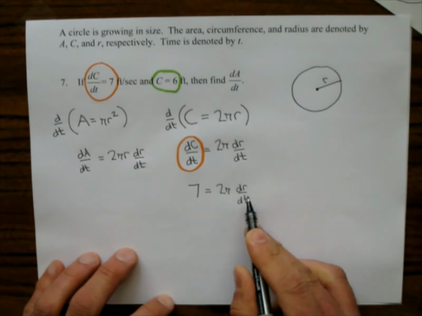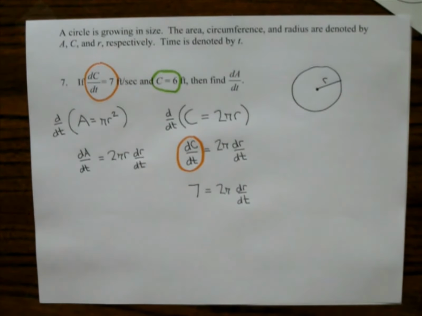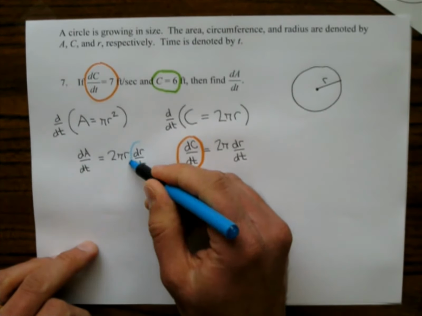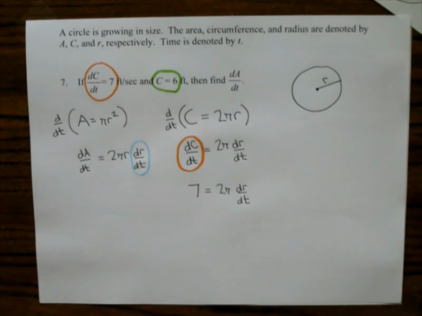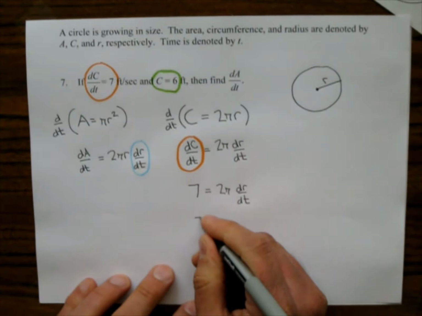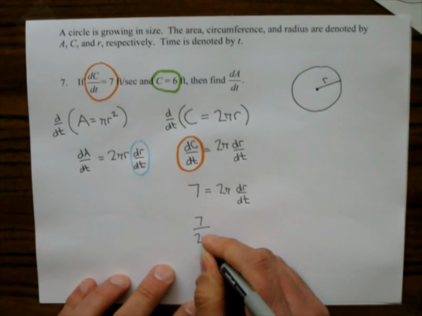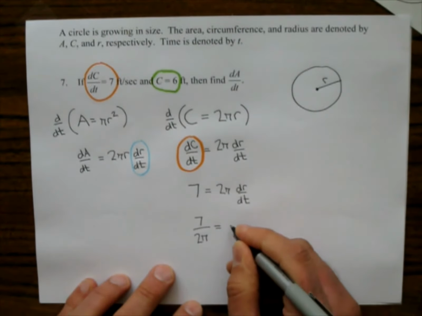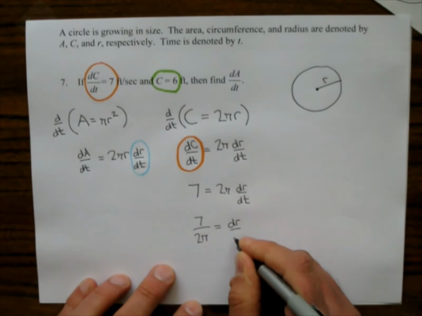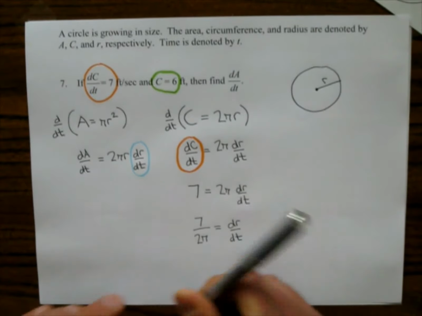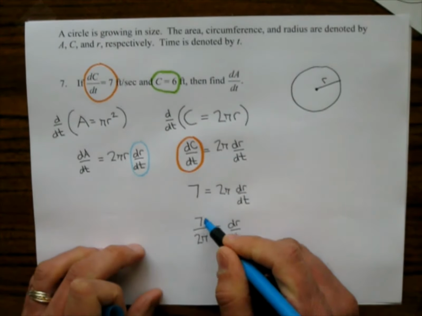And we'll solve for dr dt because we need it right there. We need a new color. So we need that guy right there. So 7 over 2 pi equals dr dt. So look at this.